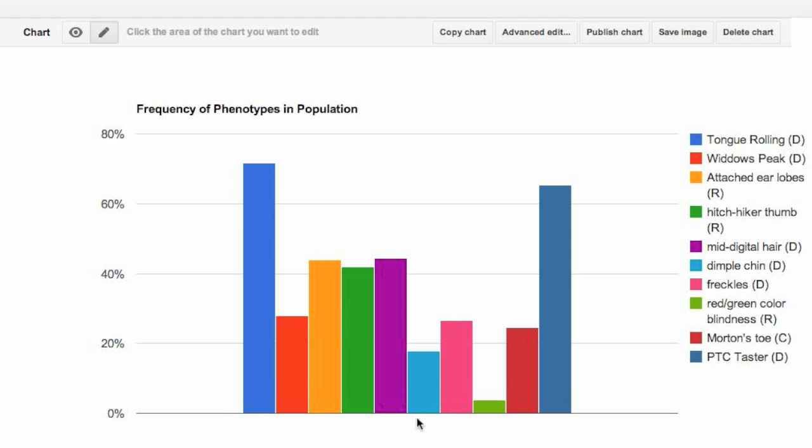Some characteristics here, like mid-digital hair, actually happen to be a dominant characteristic, but only 50% of the population has it, which therefore implies that 57% of the population, in other words, are recessive. So 57% have the recessive gene expressed in terms of the phenotype. And you'll notice that dimpled chin, although it's a dominant characteristic, is only found in about 18% of the population. And freckles, also being dominant, are only found in about 23 or 24%.